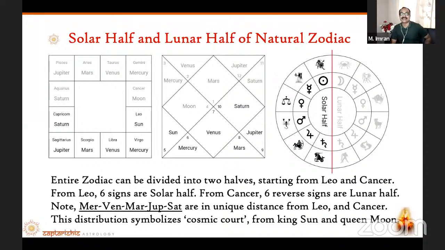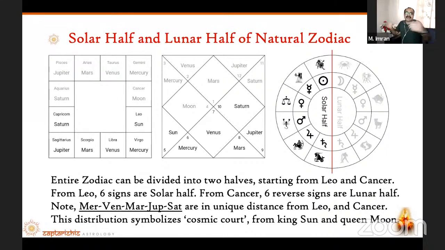Why Leo and Cancer? This is actually a symbolism of the cosmic court, the court of heaven, the Darbar. The Sun and Moon are the king and queen, Raja and Rani, and their natural houses are Leo and Cancer.